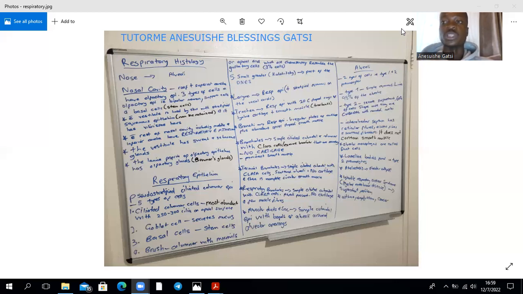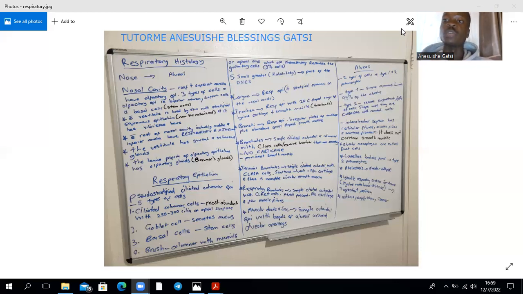One of them was the bipolar neurons, which you'd expect to find in special senses. The bipolar neurons have 1 axon and 1 dendrite, right? So one of the special senses is olfaction, and there you find those bipolar neurons.